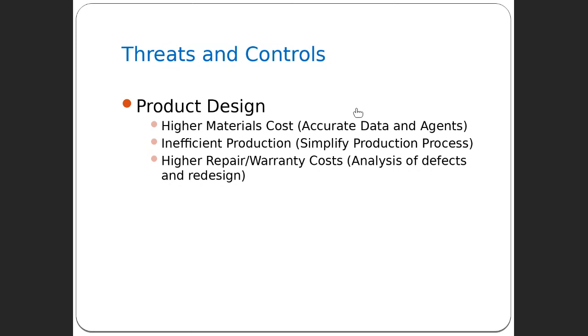So if you're using gold and just using copper would serve the same purpose, then you're unnecessarily increasing the cost of the item that you're manufacturing. So knowing who's selling the items and knowing what alternatives are there for manufacturing the same item is necessary to lower the material cost.